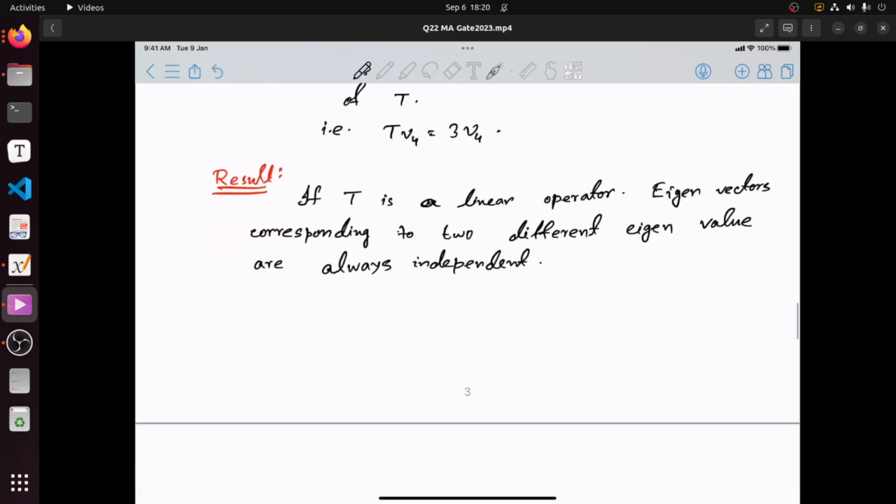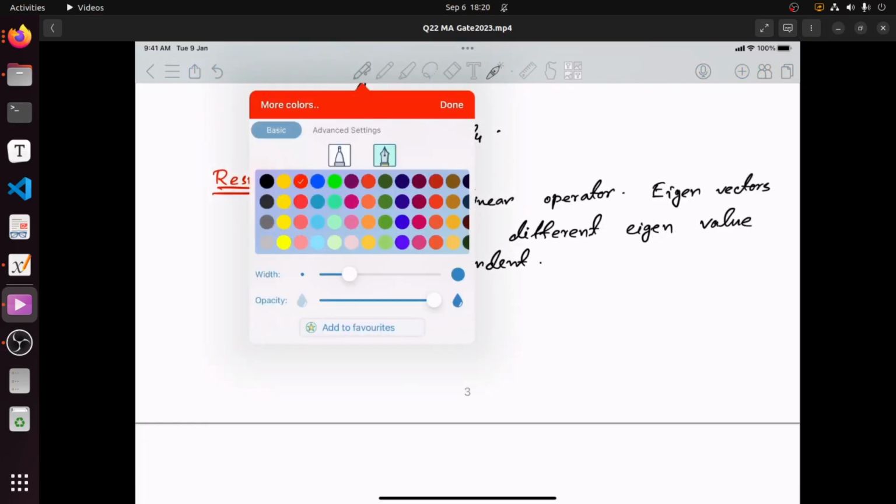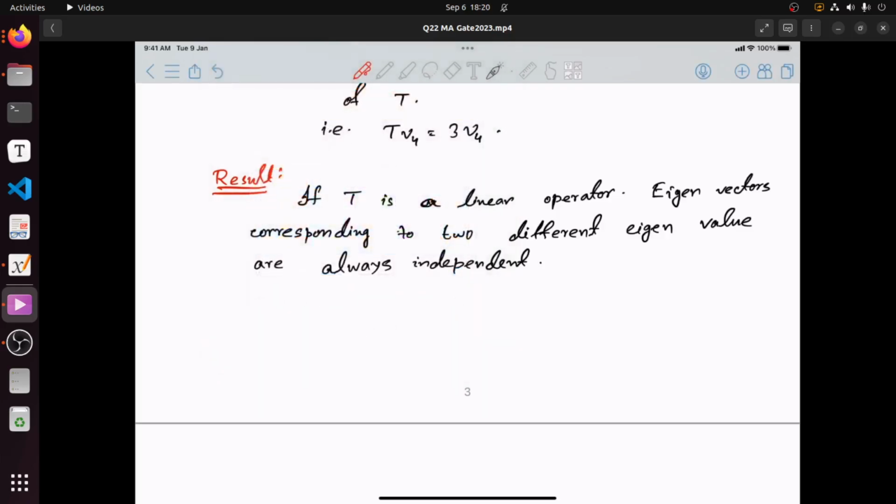So what is this result saying? Let W1 be an eigenvector, T W1 equals lambda 1 W1, and T W2 equals lambda 2 W2.